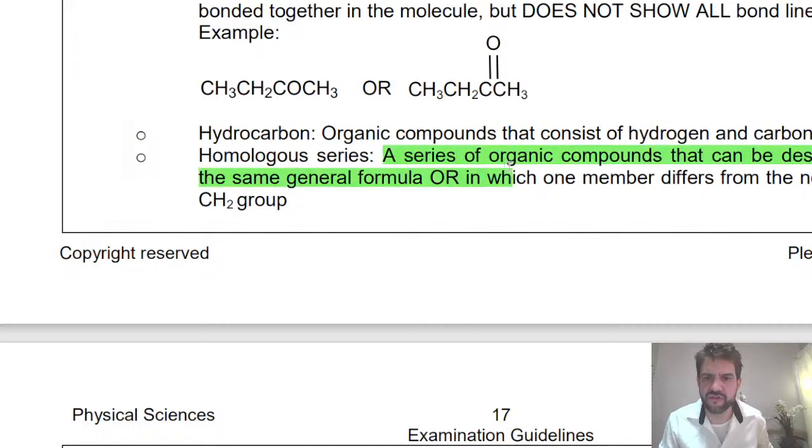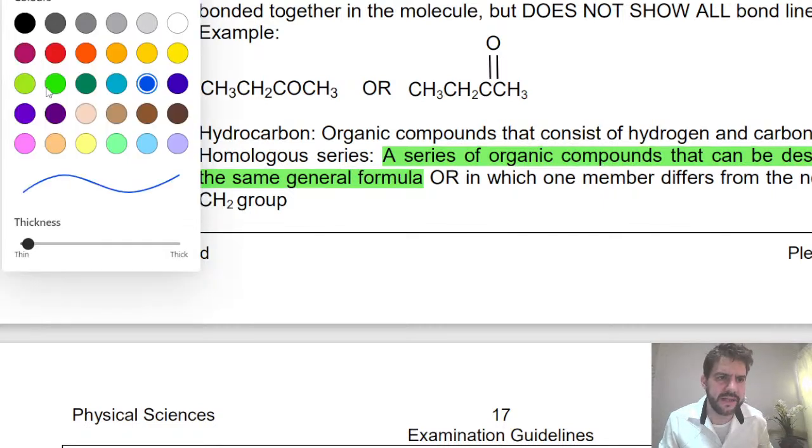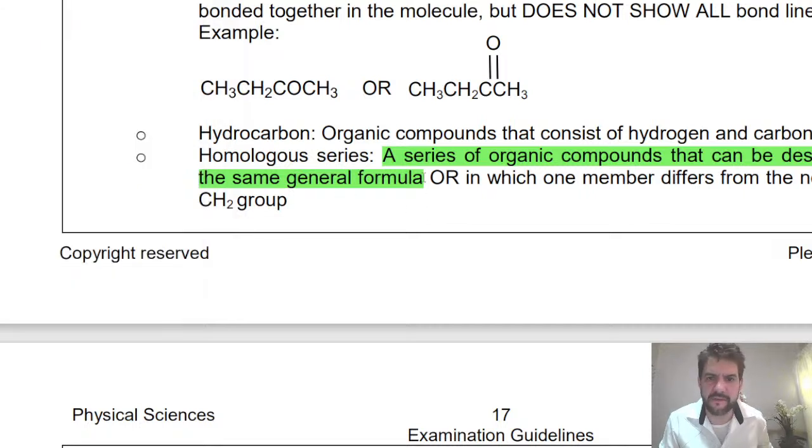Homologous series is a series of organic compounds that can be described by the same general formula. Up until there, if you do that, you will get the 2 marks. You don't have to write the second part. They will give you the 2 ticks that you actually need here for that definition. It's quite simple. It is in the examination guideline on page 16.